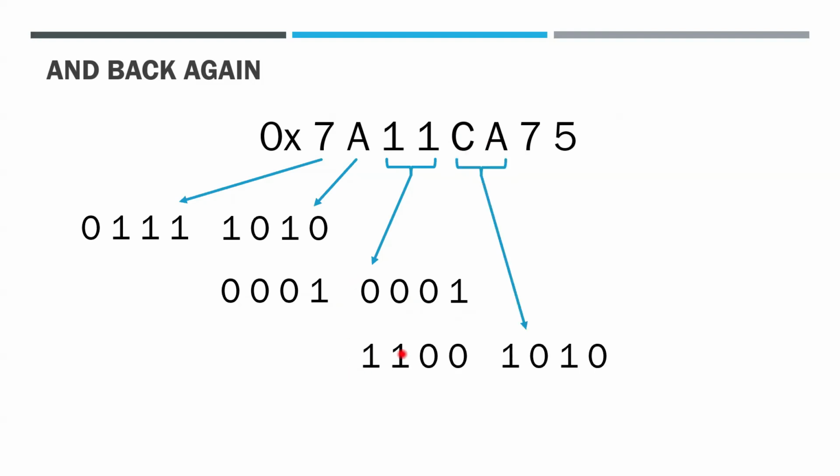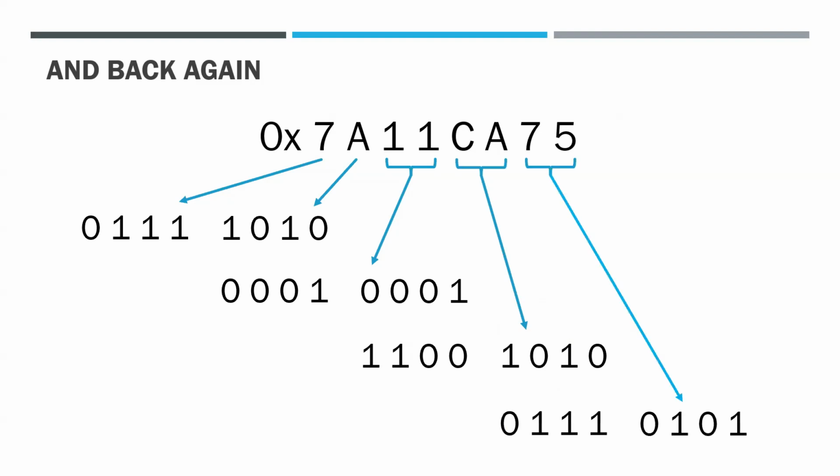So 8 and 4 is 12, 8 and 2, 10. And then a 7 and a 5, 0, 1, 1, 1 for 7, 0, 1, 0, 1 for 5. Okay, so it's easy to translate back and forth between hex and binary, because you're just dealing with 4 bits at a time and translating them.